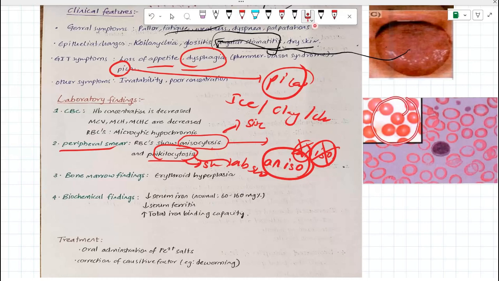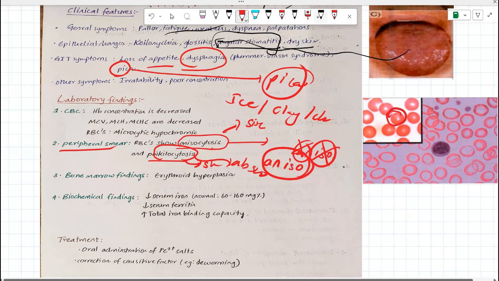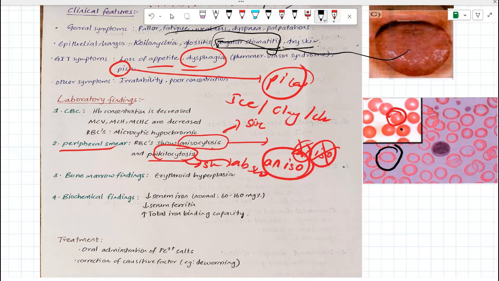So this is the normal RBC, in which you can see the RBCs are very healthy. But in this picture, you can see that the RBCs are not normal. They are irregular in shape and irregular in size, manifesting the microcytic hypochromic nature. You can see that the size of RBC is decreased, and even the color of RBC is not normal. These are the findings of the peripheral smear.